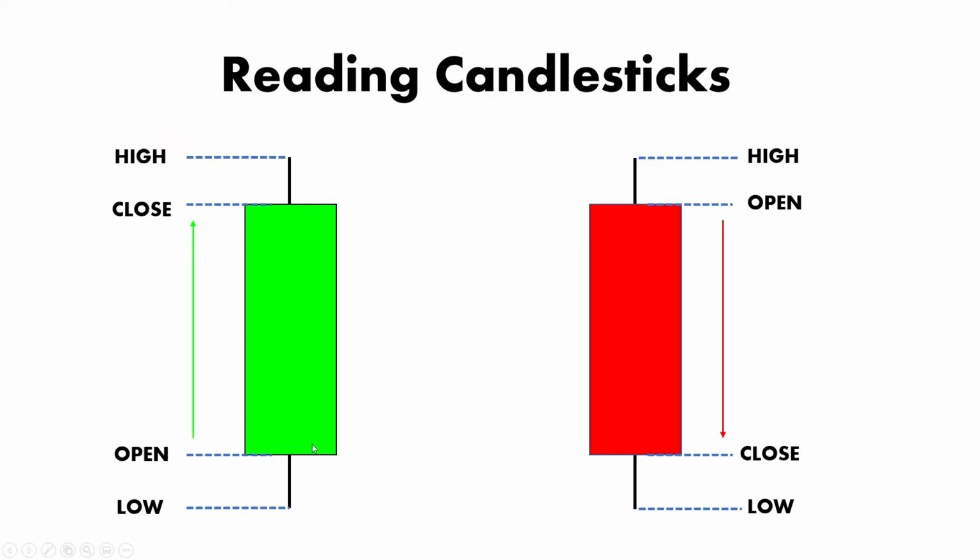So what it means is that in this candle, the price opened right here, moved to a low right here, managed to push up all the way to a high of this price level and close at this line. Vice versa for the red candle, it shows that the price opened up here, dropped to a low right here and closed low. So these are the four pieces of information that we're going to use to analyze the candlesticks.